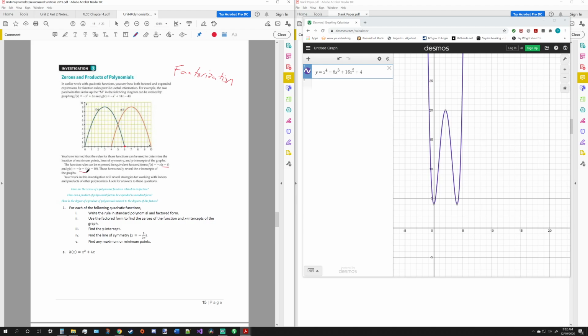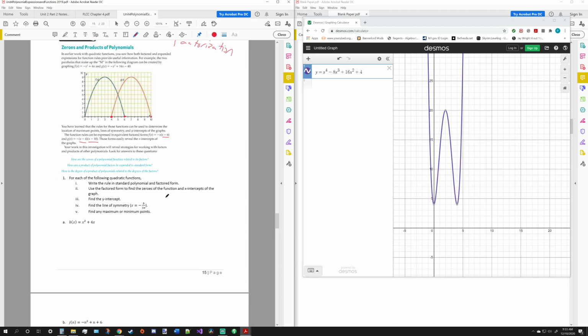If x minus 4 is a factor, positive 4 is the root. If x minus 10 is the factor, positive 10 is the root. So it's just reminding us of that relationship that we saw with quadratics, where the root and factor have opposite signs.